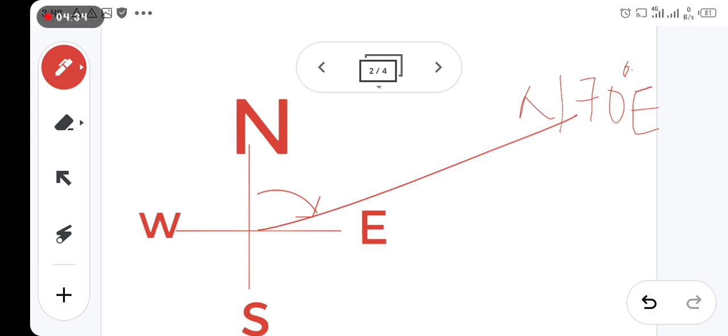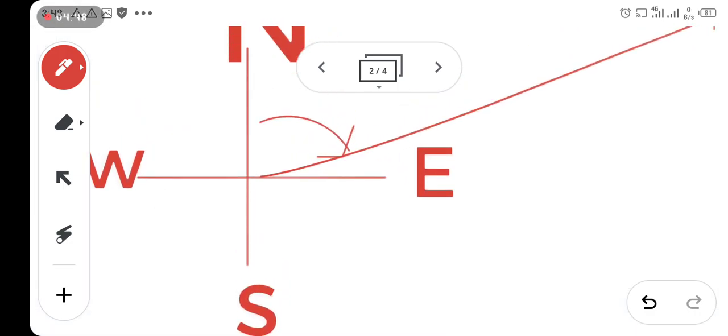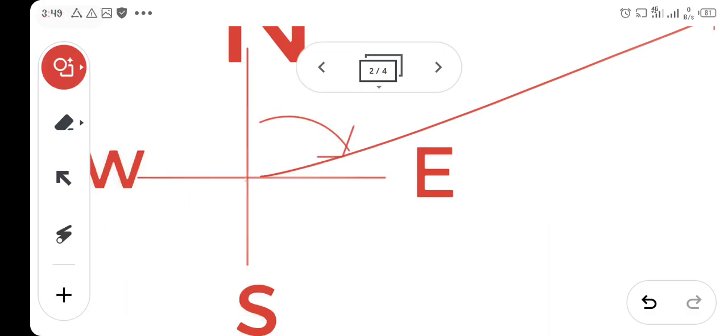If I have another, let's try to represent south 30 degree east. From here I'll move from the south pole towards the east direction, and sketch an angle of 30 degree.